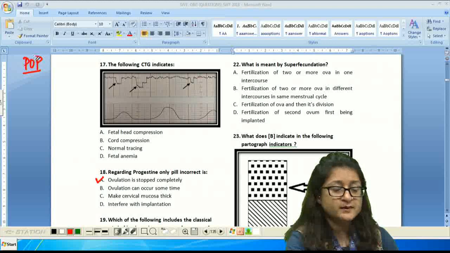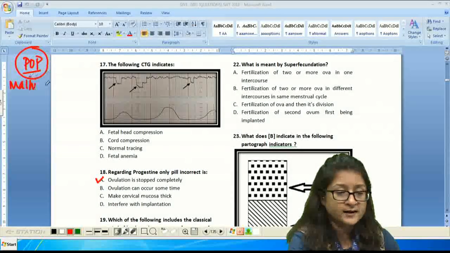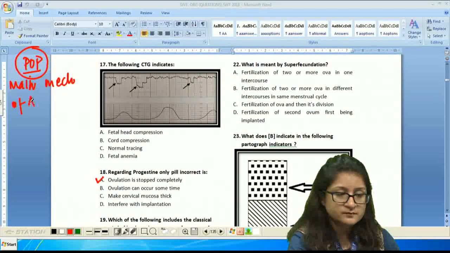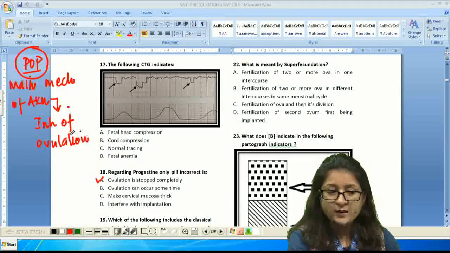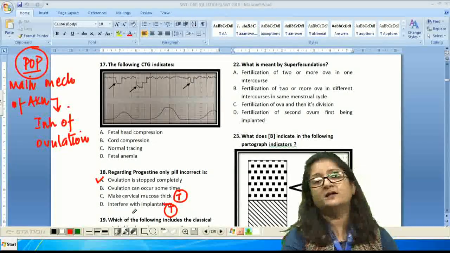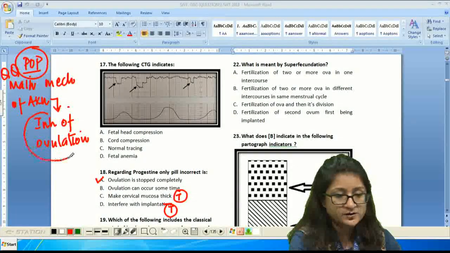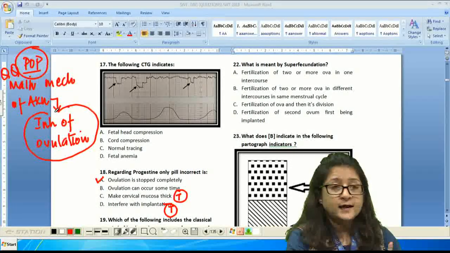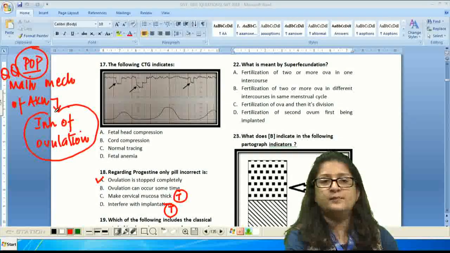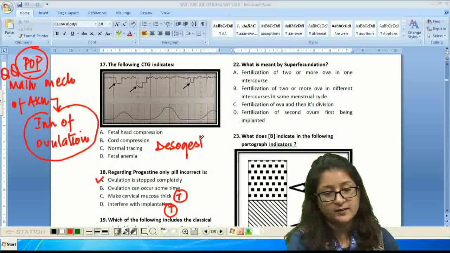But you have to remember that with POP also, if they ask you what is the main mechanism of action, the answer is inhibition of ovulation. POP also makes the cervical mucus thick, POP also interferes with implantation, but the main mechanism of action is inhibition of ovulation, because the progesterone only pill currently available in the market is the desogestrel containing pill.